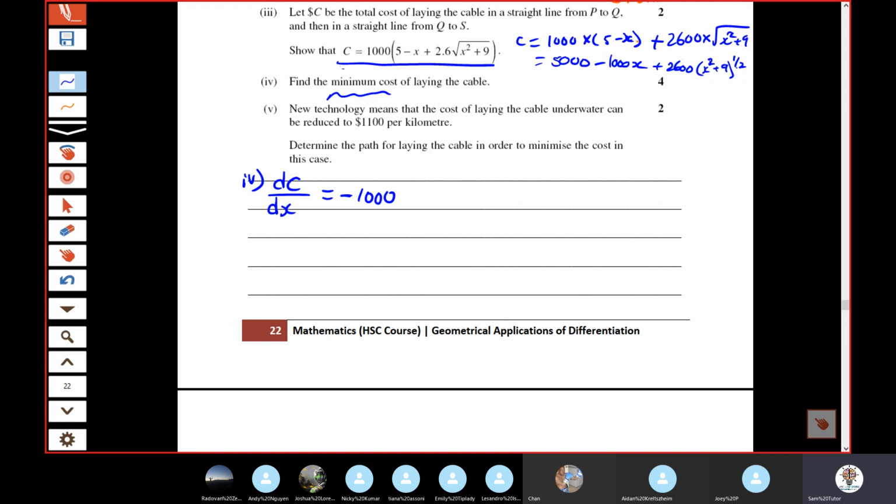This guy here, you bring the half down, you go to the power of negative half times the derivative of the inside. Anyone have any questions? Just have a read of that first line. Joe, are you okay with that chain rule and everything? Yep. Cool. Nice and easy.